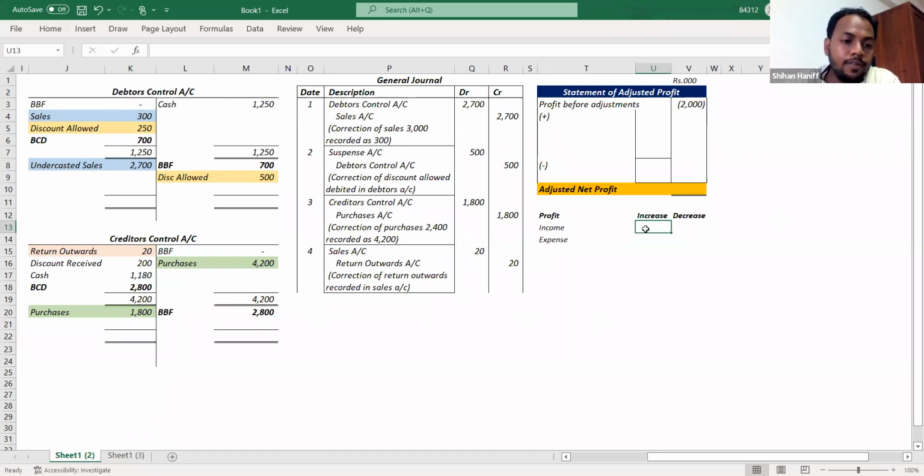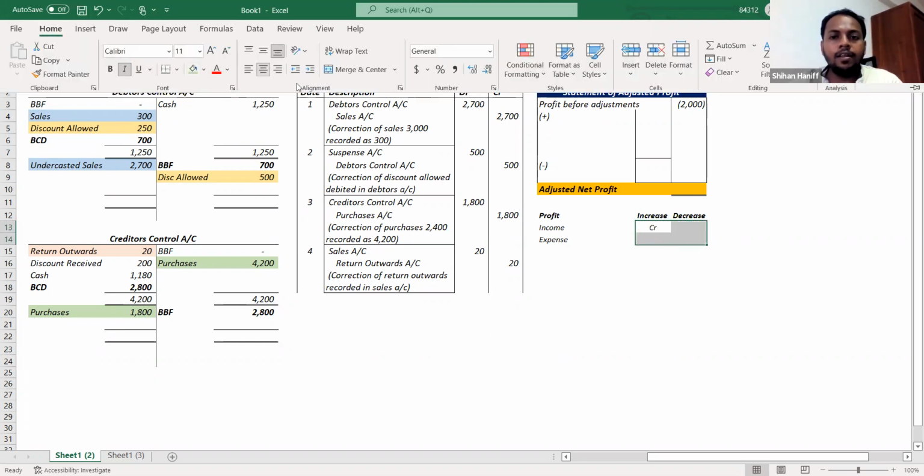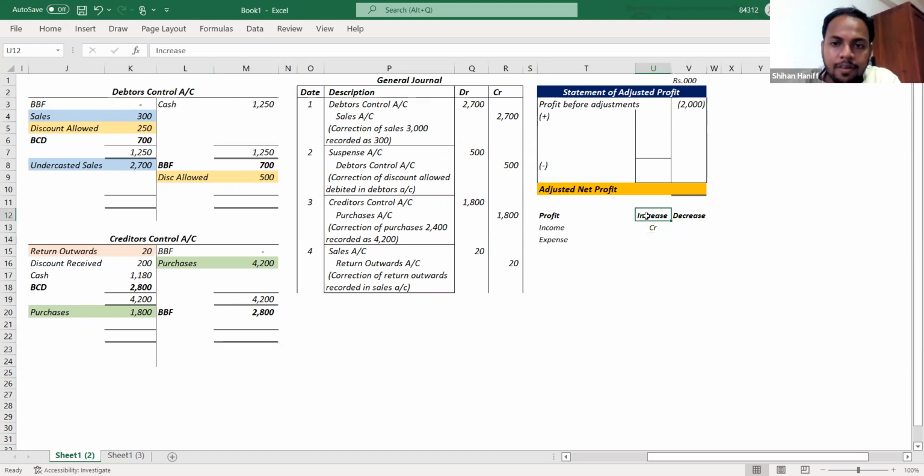Profit to increase. Income should be debit or credit? Yes, it's credit. So if the income is credit, profit will increase. Then if the income is debit, profit will decrease.